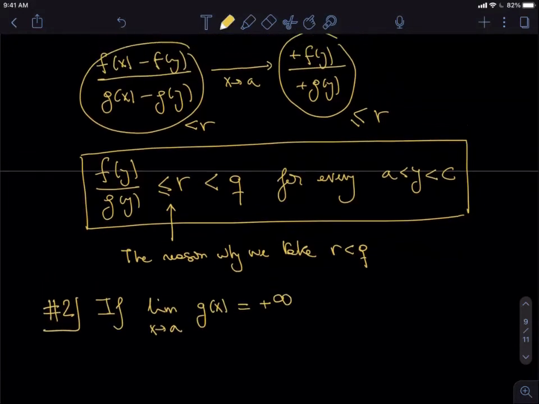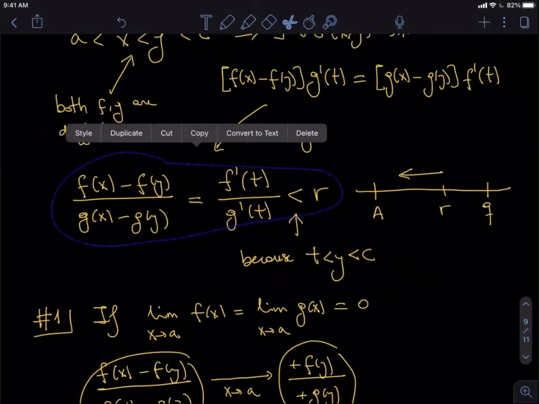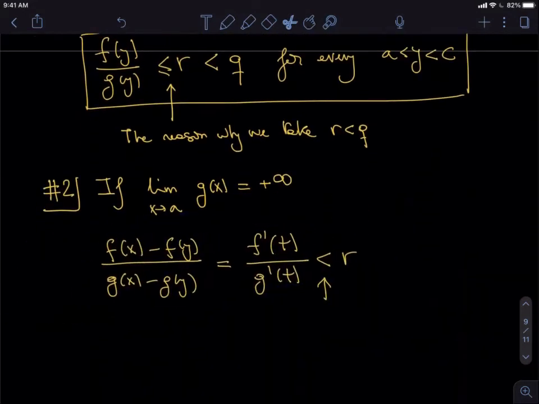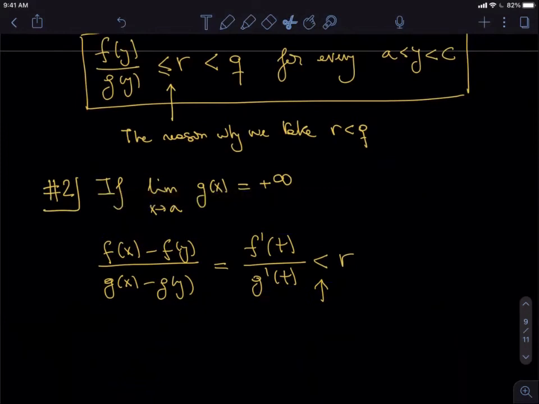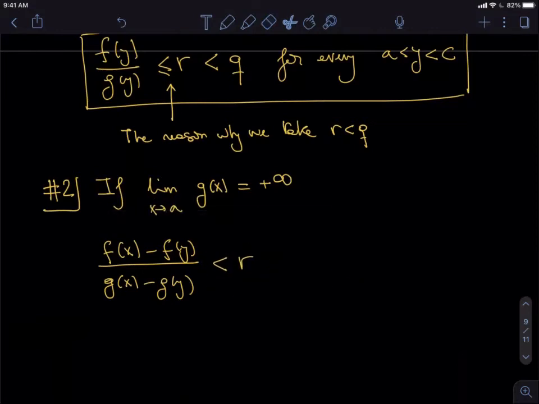Now, as before, let me copy paste from here. As before, we can show that (f(x) minus f(y)) divided by (g(x) minus g(y)) is less than r. Okay, this we proved before branching out the proof into two tracks. So this we can still use.